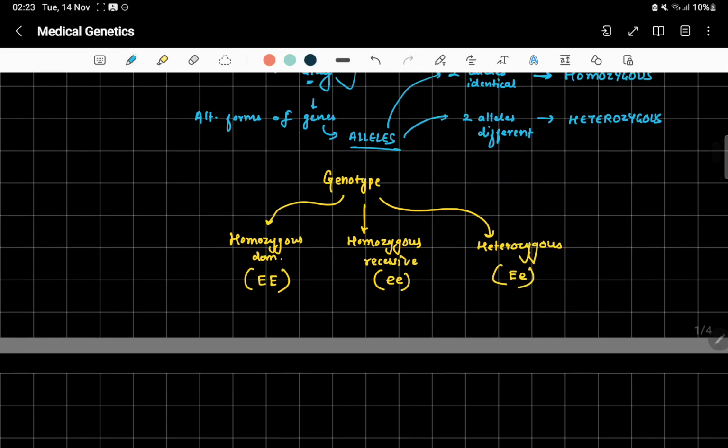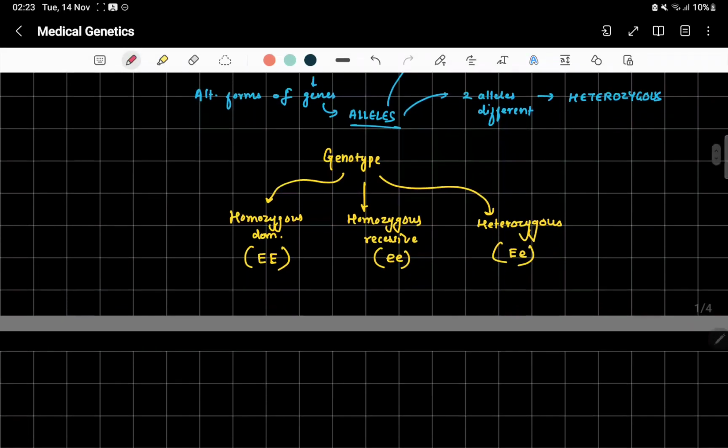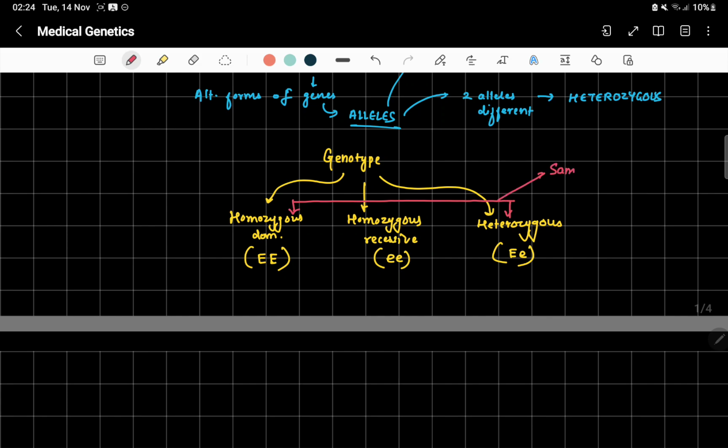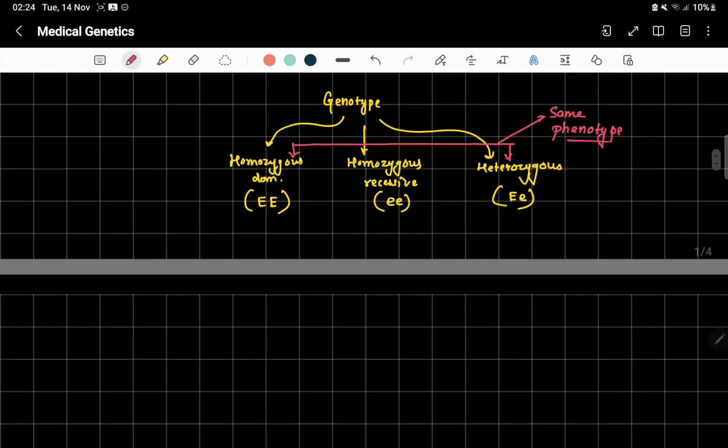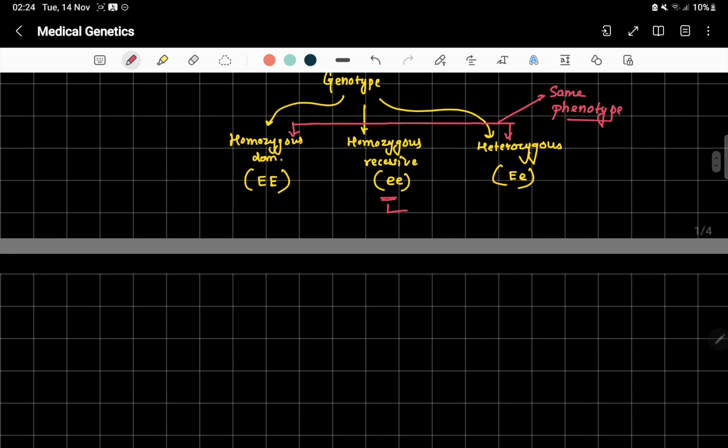Phenotype is the external appearance that arises due to the genotype. The homozygous dominant and the heterozygous have the same phenotype, and the homozygous recessive will have another phenotype.